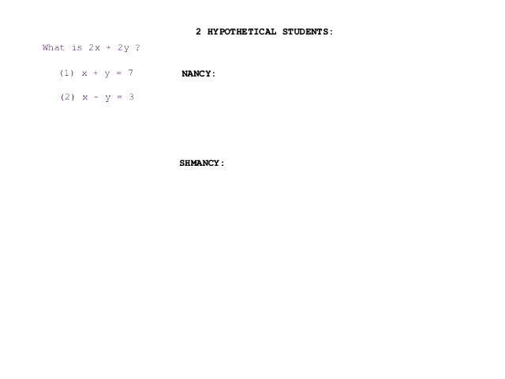Nancy and Schmancy. That's their names. See, this is the goal of the problem. The goal of the problem is to find what 2x plus 2y is. Okay. Nancy actually understands the goal of the problem.